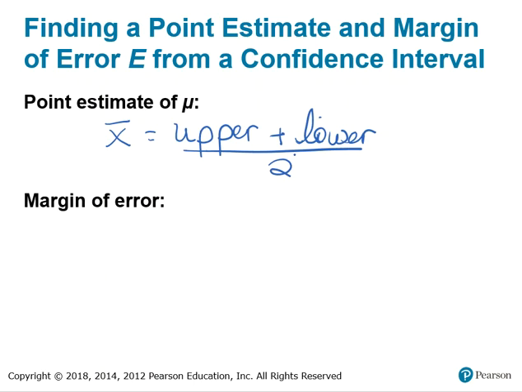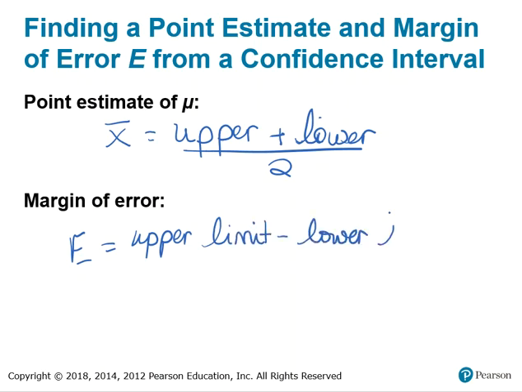To find our margin of error, we're going to take the upper limit minus the lower limit and divide by 2. Same thing, the only difference is we're talking about a mean versus talking about a proportion as in the last section.